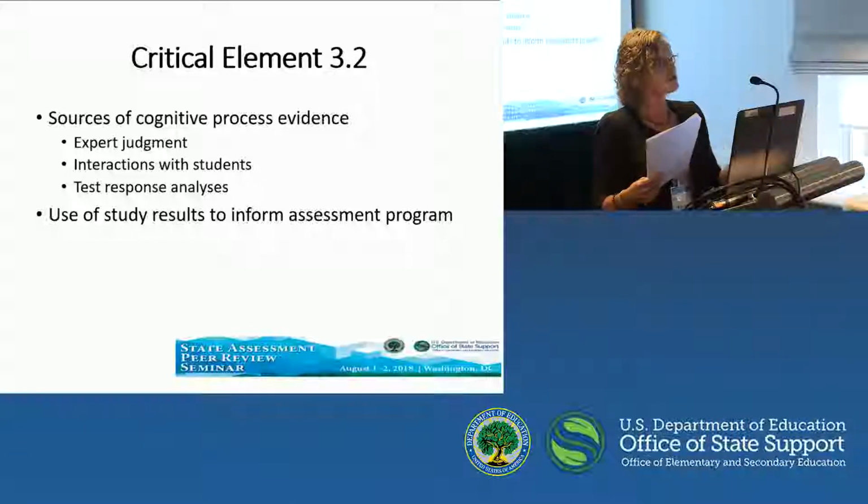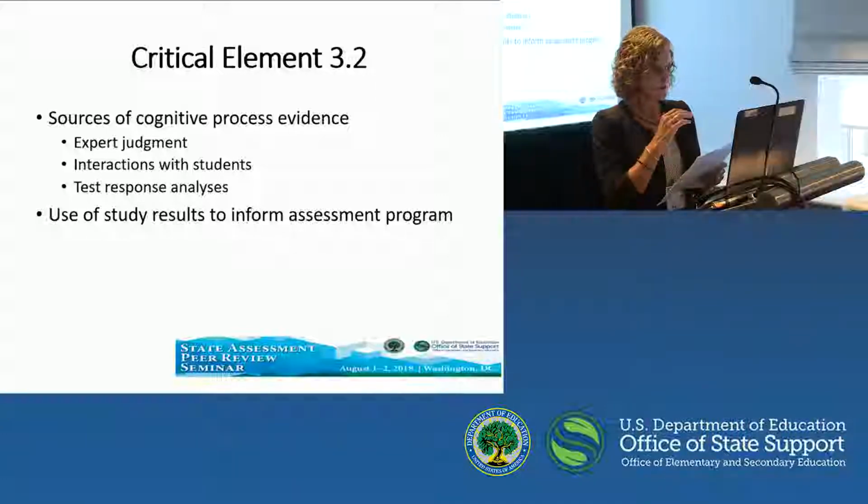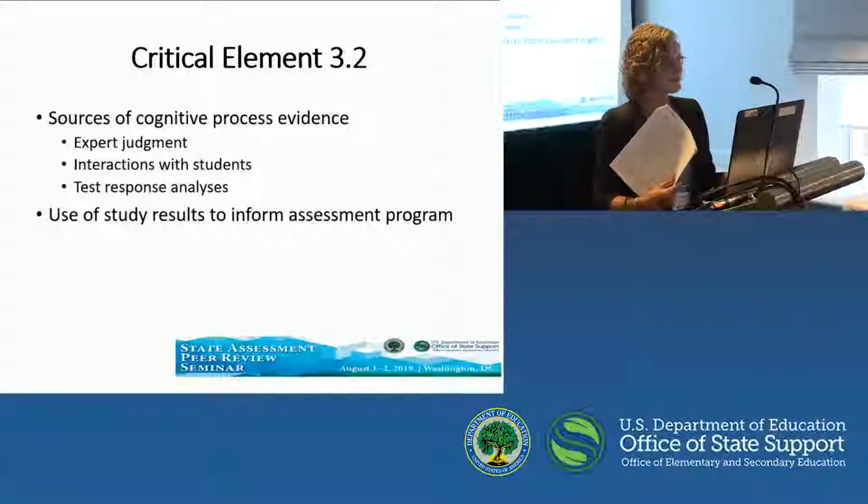Looking at relationships among variables is another way you can describe what the cognitive processes are that are evoked by certain families of items. And again, the big point is, please supply evidence that shows how the state is considering findings of such studies to inform test development.